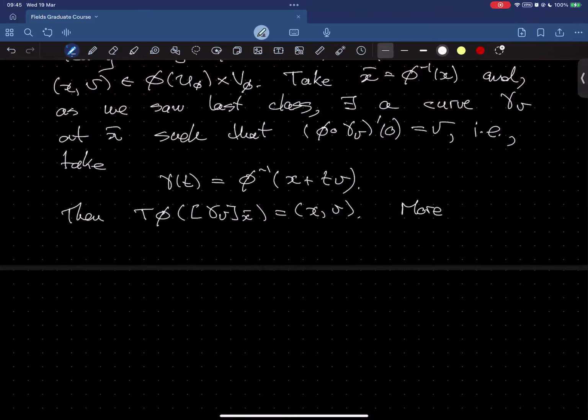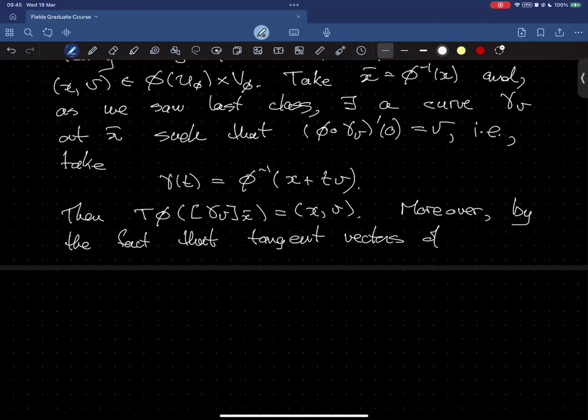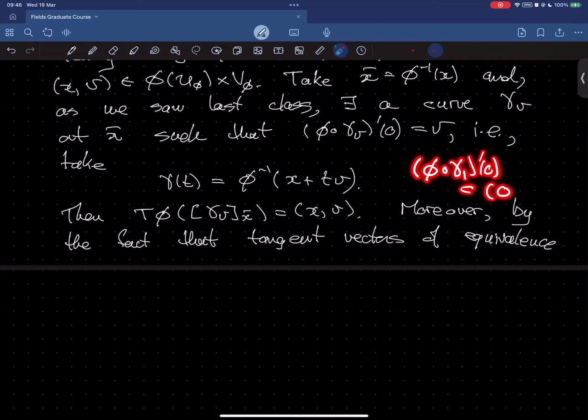Moreover, by the fact that tangent vectors are equivalence classes of curves, if you look back at our definition of equivalence, two curves gamma 1 and gamma 2 are equivalent if that's true.